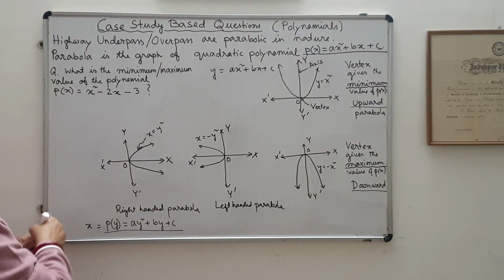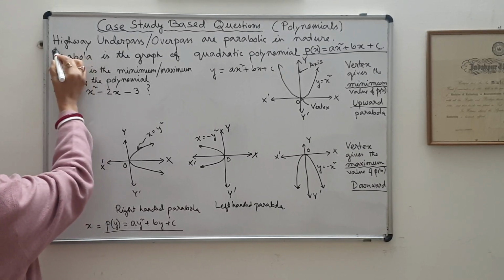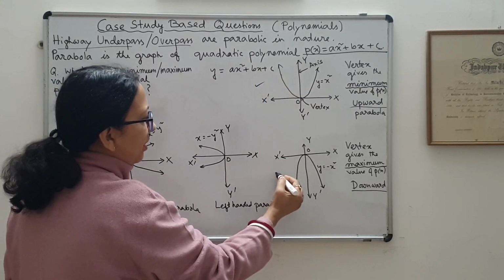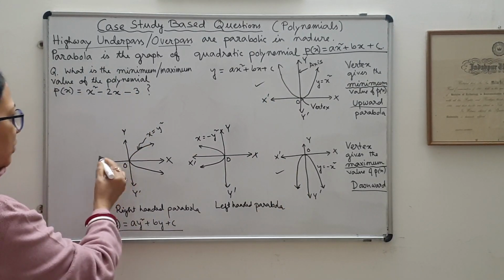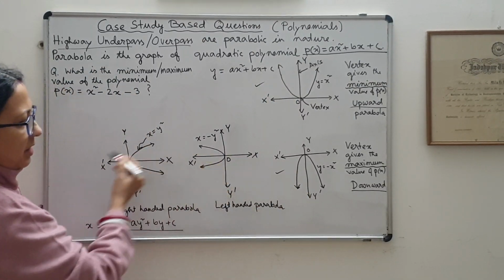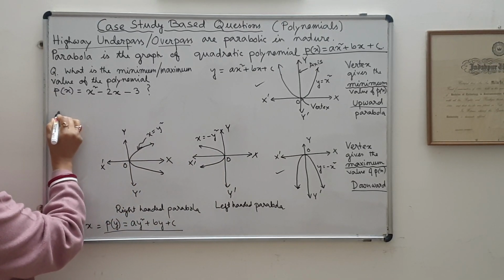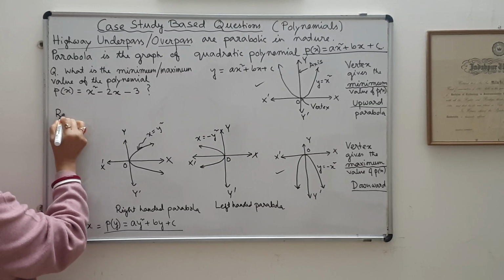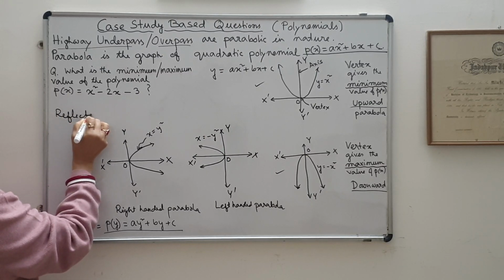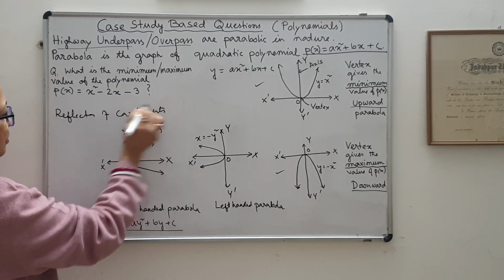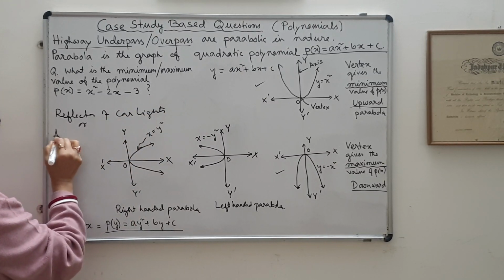But when the application is highway, underpass and overpass, obviously it has to be either upward or downward. And these two parabolas will come under the case when we talk about, say, reflector of light, parabolic reflector of car lights or some antennas.